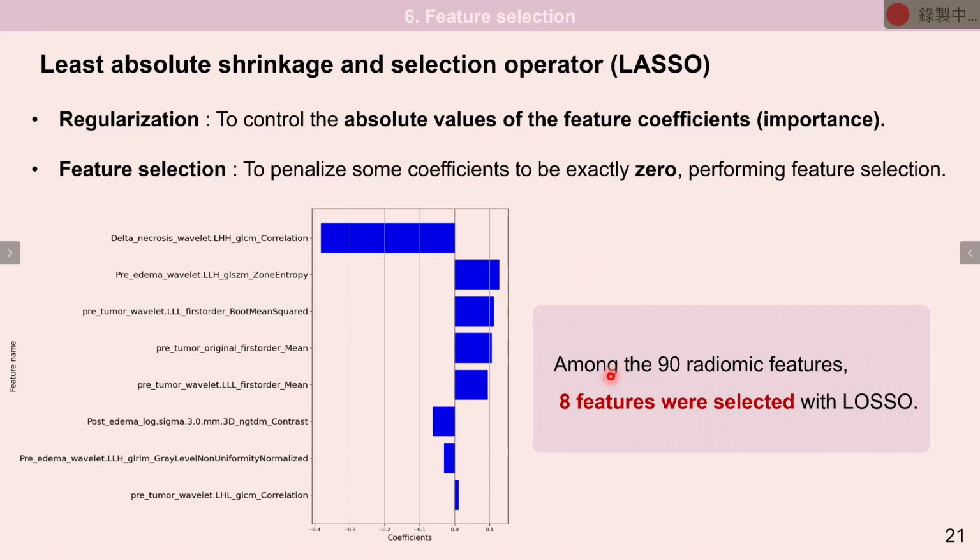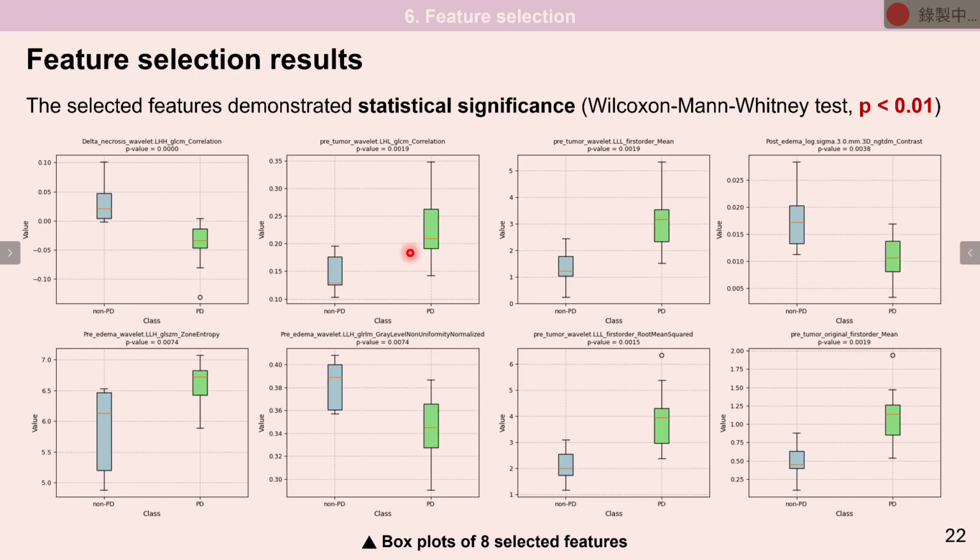And this figure shows the coefficients of each feature. Notably, the 8 selected features show statistical significance with p-value smaller than 0.1 in the Wilcoxon-Mann-Whitney test.